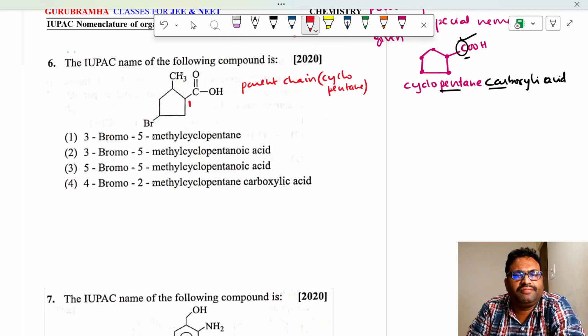Next, whether you have to move clockwise or anti-clockwise, you have to move anti-clockwise, because at the second position you have another substituent. Why are you numbering 1 here? Because we have to give more preference to the functional group. This is the functional group, whereas the methyl group and bromine atom are substituents, whereas COOH is the functional group. So you start from here 1, 2, 3, 4, 5.